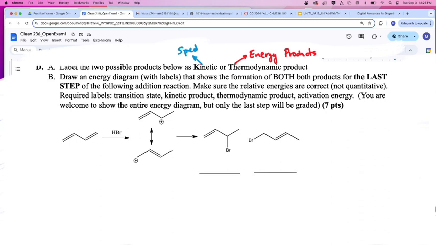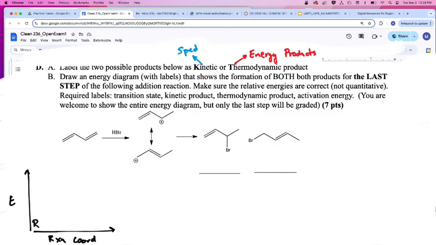So if we're going through and comparing these things, we're trying to figure out what's going on within these. If we were to look at an energy diagram, we've got energy on the y-axis, and then we usually have what's known as the reaction coordinate on the x-axis.